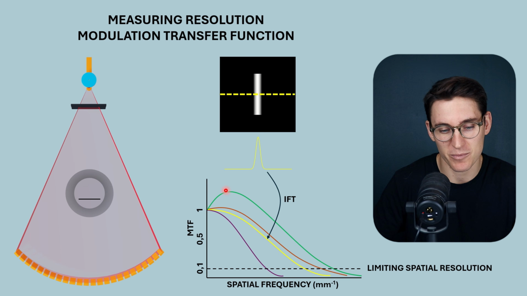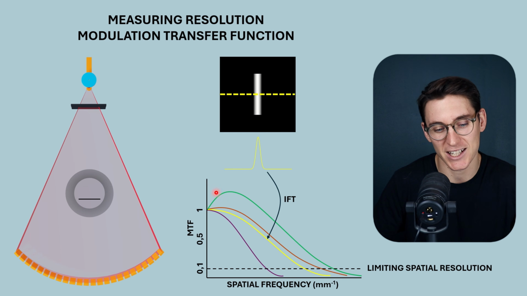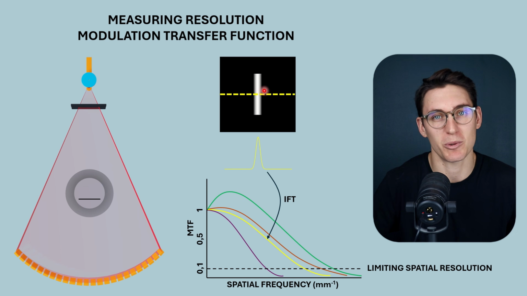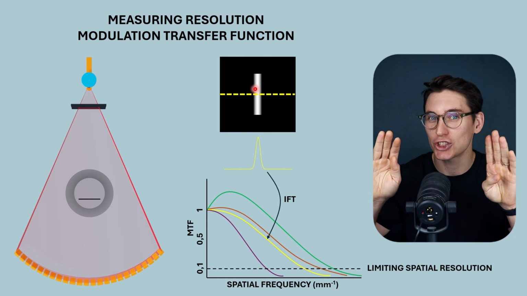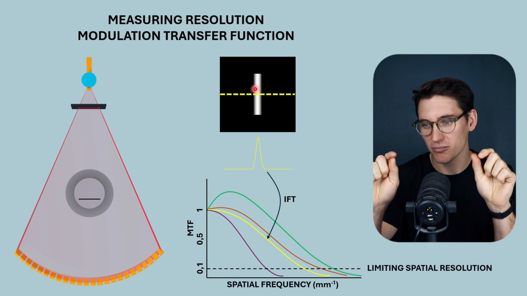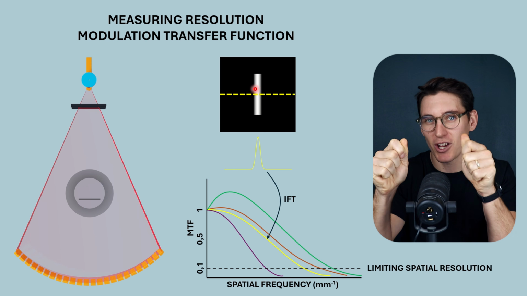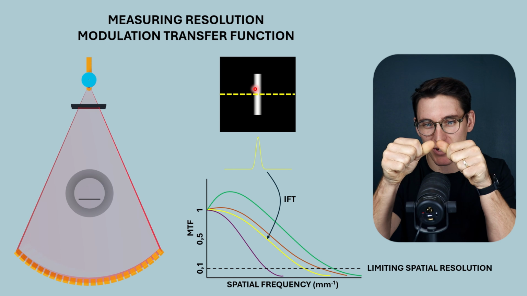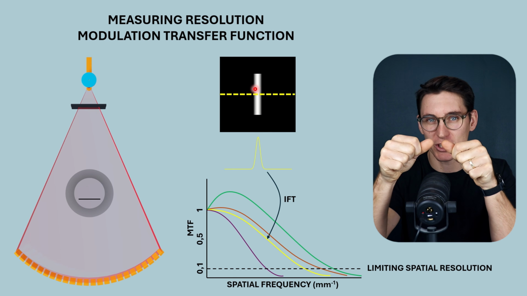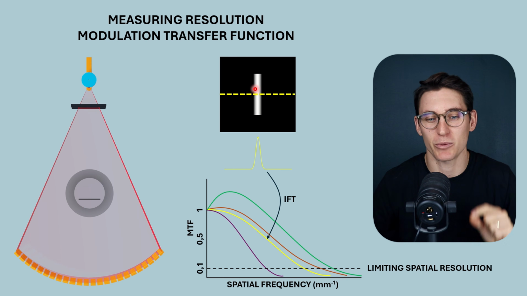You notice that some modulation transfer functions can actually give values higher than 1. That's because in some kernels that we place on images, we are falsely sharpening the edges of that image. Say in a bone kernel, a bone filter, where we want to get good spatial resolution between bone and soft tissue. We want to see accurately if there's a small fracture within a bone.